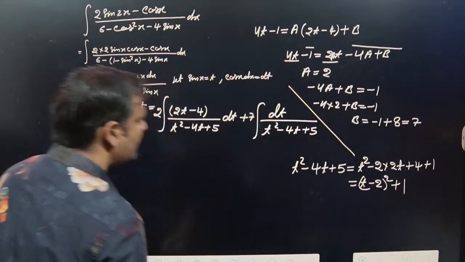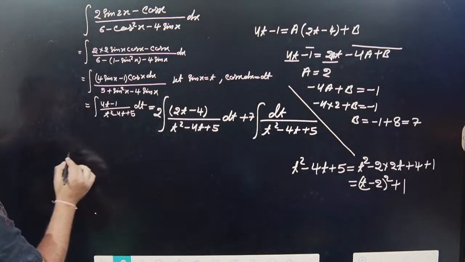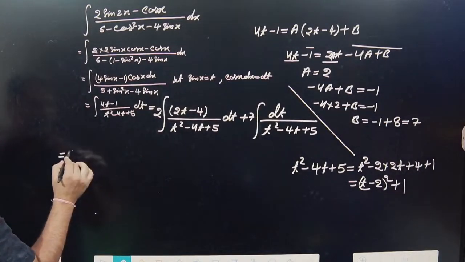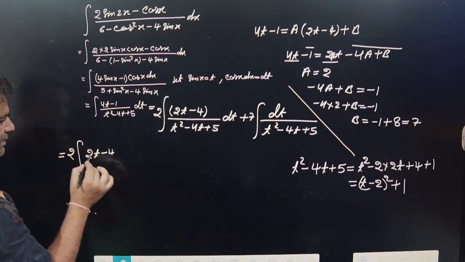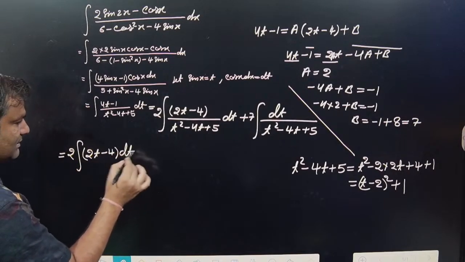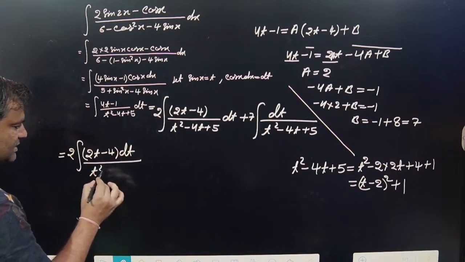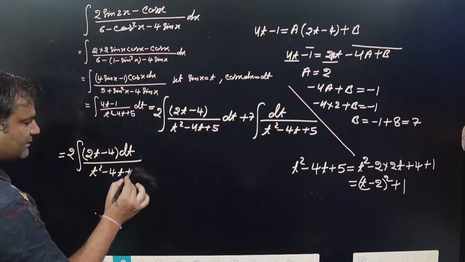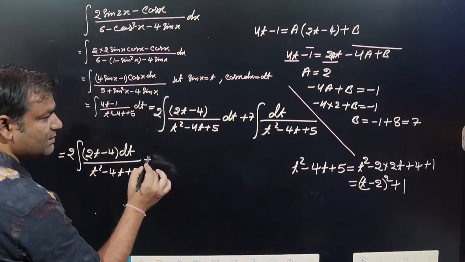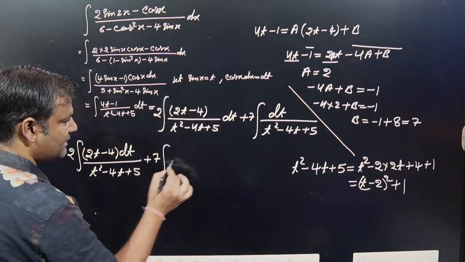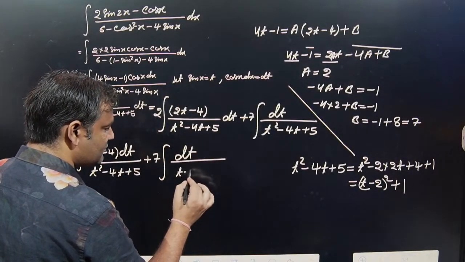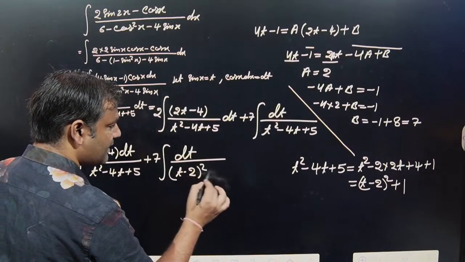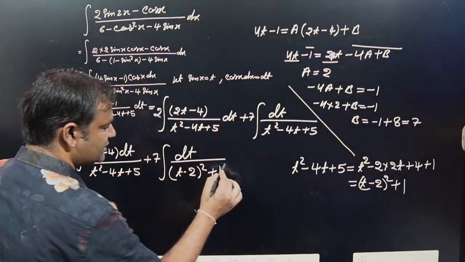Okay, so now this one is written 2 into integration of (2t minus 4) dt divided by (t square minus 4t plus 5), plus 7 into dt divided by (t minus 2) whole square plus 1 square.